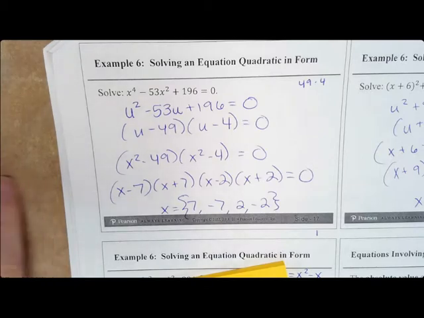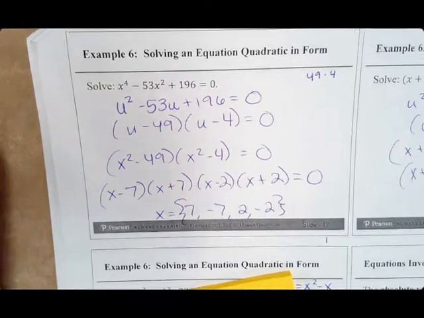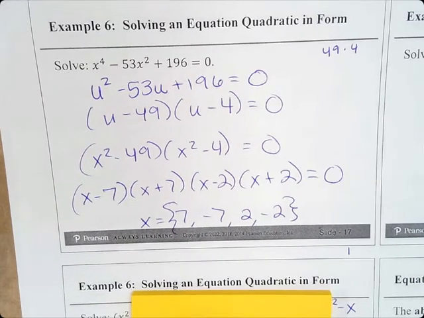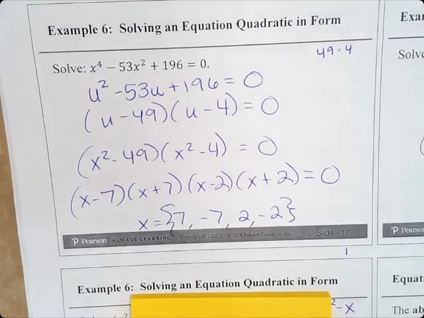Hopefully that gave you enough time to work it out. So look at mine, check your answer. Okay, so we have 7, -7, 2, and -2, and then hopefully you checked it with your calculator. Okay, let's look at the next one.